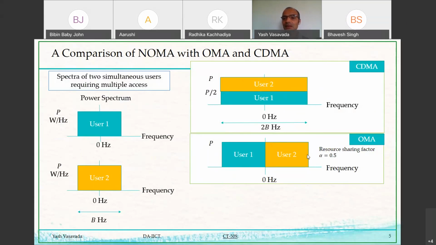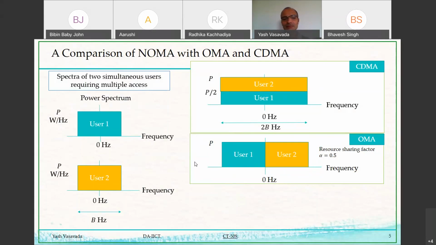In this particular illustration, the bandwidth occupancy is 50-50. The sharing factor is 0.5. So this is the OMA. One would say that this would typically be the case for frequency division multiple access.